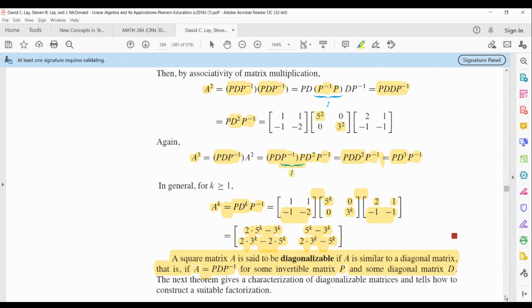Okay, so it's very nice if we can diagonalize a matrix A, and not all square matrices can be diagonalized. Certain conditions have to be met, and that's what this theorem 5 talks about below.